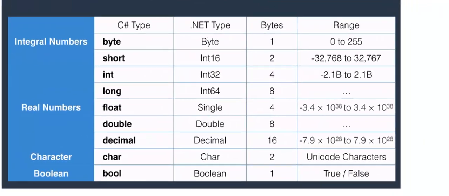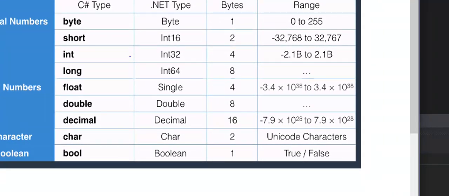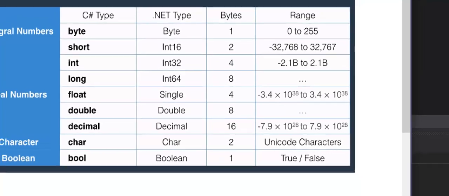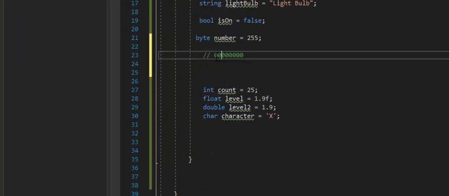So let's put this in perspective. I have an integer here, and it says it has 4 bytes, whereas a byte is 1 byte. Obviously, we just talked about that. A short is 2 bytes, and an integer is 4 bytes. So let's see how that would look. If this is a byte, that equals a byte.